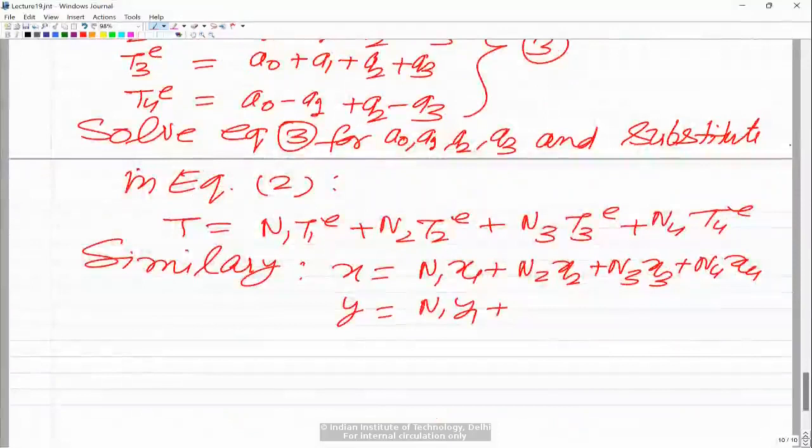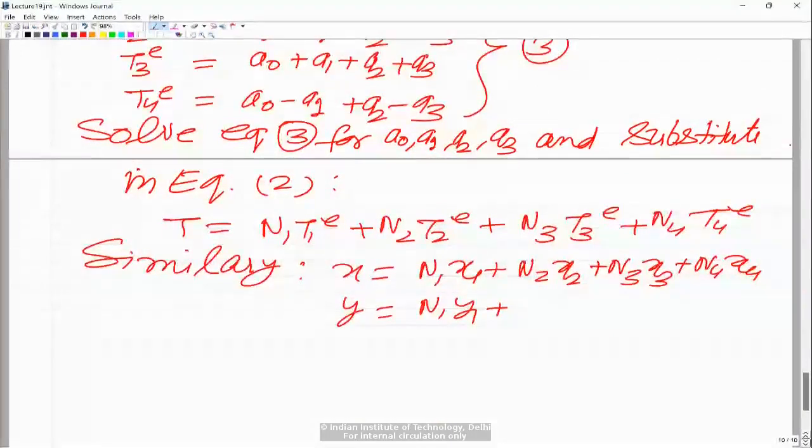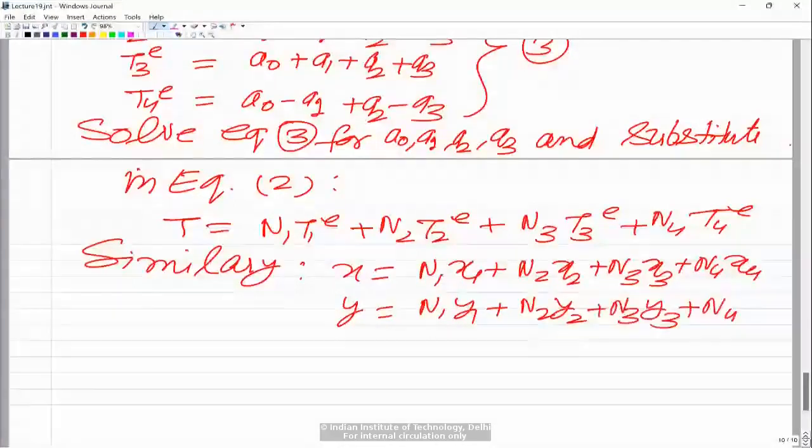Because in the isoparametric formulation the approximation of T, x and y is the same, you see the same shape functions N1, N2, N3 are appearing in T, in x and also in y. So this is what you are going to get as the interpolation.